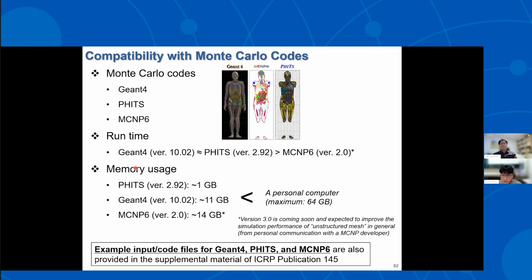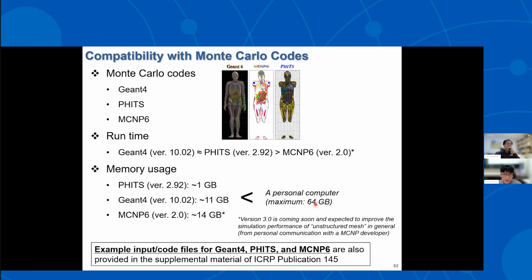In memory use, PHITS requires about 1 gigabyte, but Geant4 and MCNP6 required more than 10 gigabytes at the time. Nevertheless, all the Monte Carlo codes can be used on a personal computer, considering the maximum memory that can be equipped is 64 gigabytes.